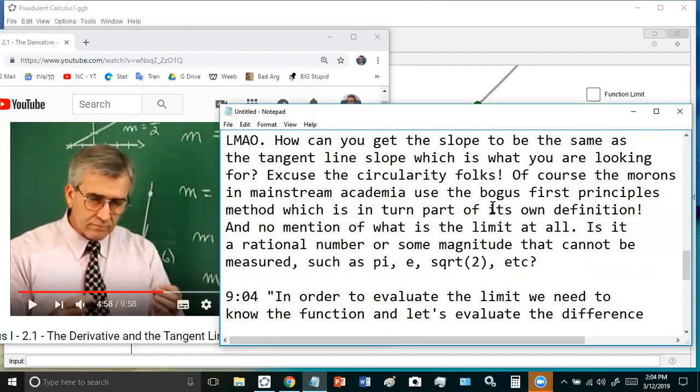And the only way you can find the limit is using your bogus first principles method, okay? And the first principles method contains highly invalid arithmetic. And in fact, you cannot find L unless you set H is equal to 0. That's the only way you find L.